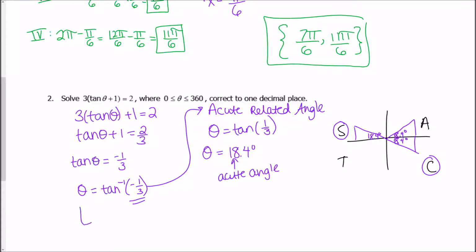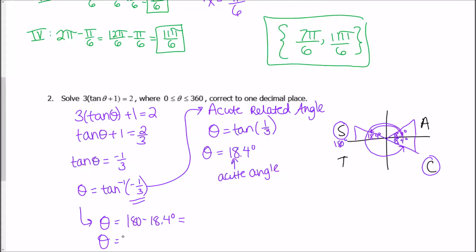So that makes theta equal to, to get to this angle right here, it's 18.4 degrees shy of 180 degrees. So I know that this is 180 minus 18.4 degrees. And for the other angle, it's all the way around here, so it's 18.4 degrees shy of 360 degrees.